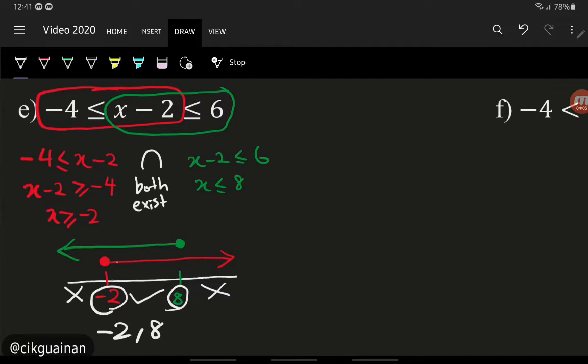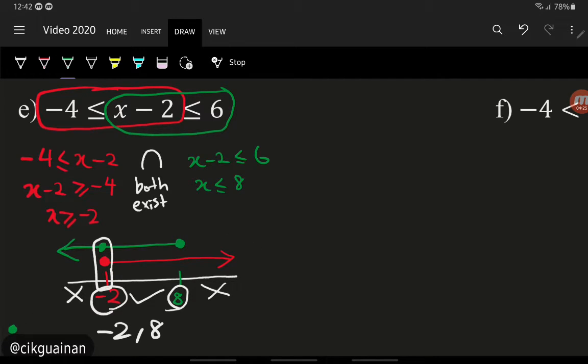Then we look at the points of intersection. At -2, the red is a dense circle and the green is a dense circle as well. Maybe I use green color over here.